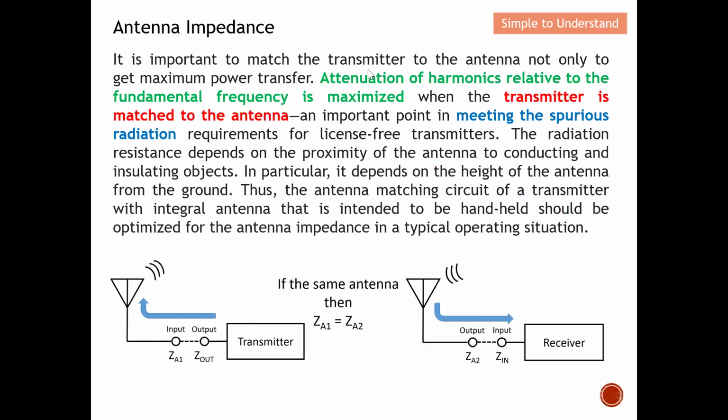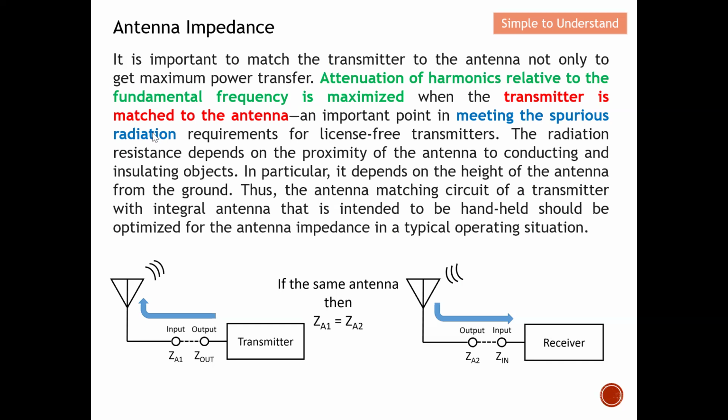When we match, the attenuation of the harmonics relative to the fundamental frequency is also maximized when the transmitter is matched to the antenna. So in short, when it's matched, besides maximum power transfer, we also suppress the harmonics, which is a very important point in meeting the spurious radiation requirement.